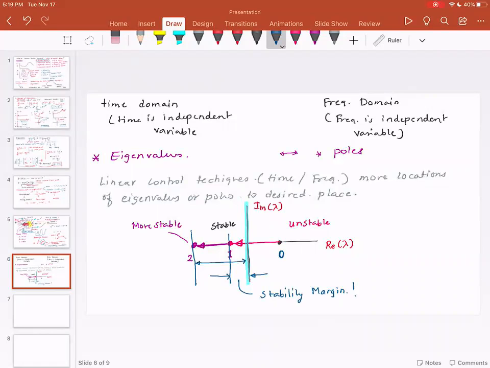Sometimes, when we study the frequency domain, we are going to study the movement of eigenvalues or poles with respect to a parameter.